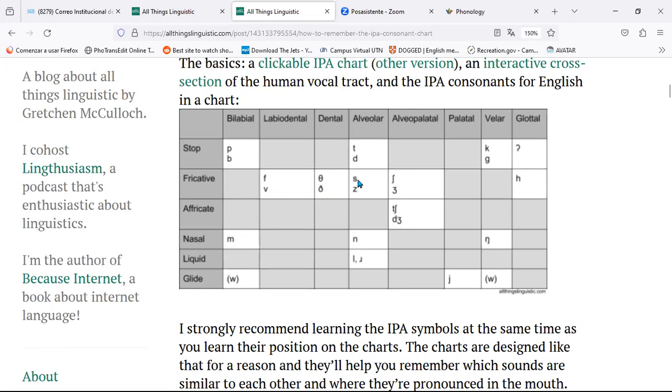But the S is voiceless, it does not have vibration, and the Z is voiced. Okay, so what do we need to know right now about these? We need to know that in the regular past tense of verbs, there is a D sound, right?